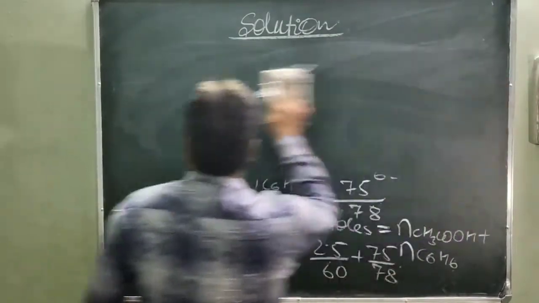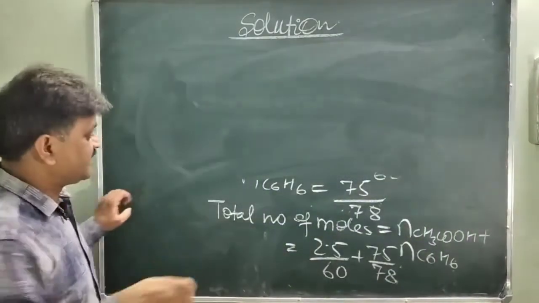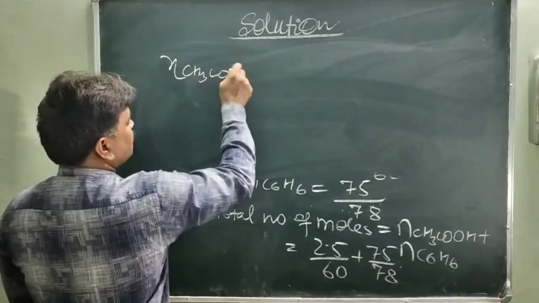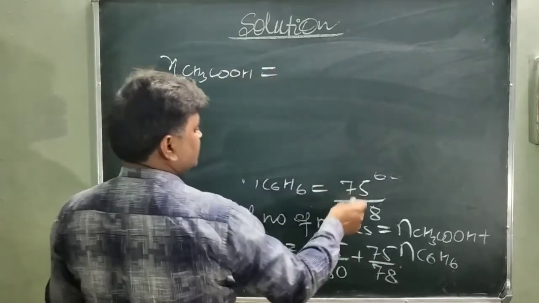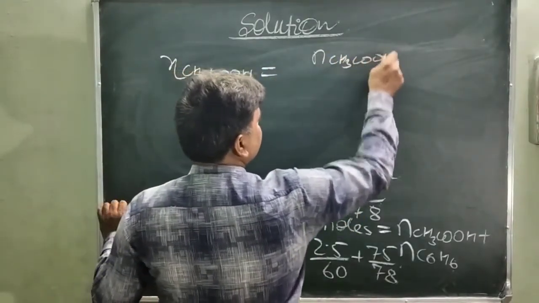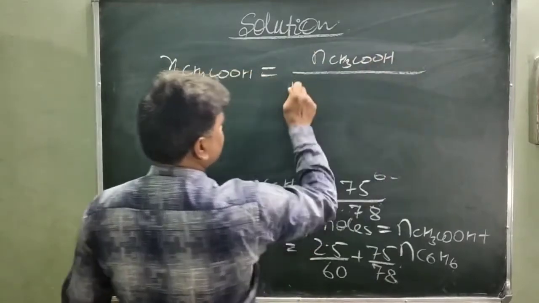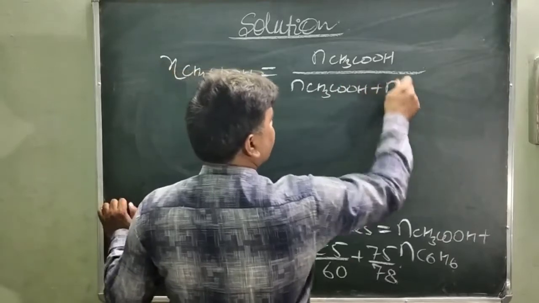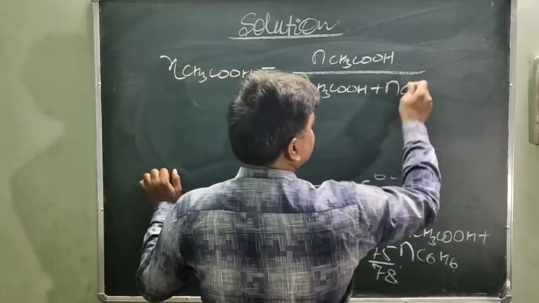Now how do you calculate the mole fraction of one component and the other? The mole fraction of acetic acid, X of CH3COOH, is equal to the number of moles n of CH3COOH upon n of CH3COOH plus n of C6H6.